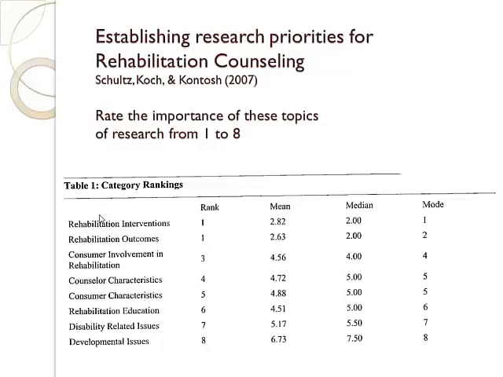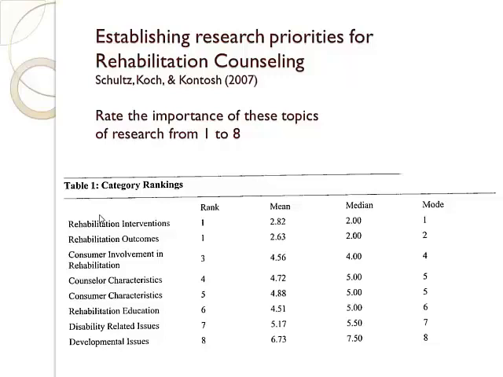This was a study by Schultz, Cook, and Kontosh fairly recently in 2007, and they were looking to establish research priorities for rehabilitation counseling. And so what they did is they identified, through another study that they did, a lot of potentially important research topics, things that rehabilitation counselors should be doing research on.